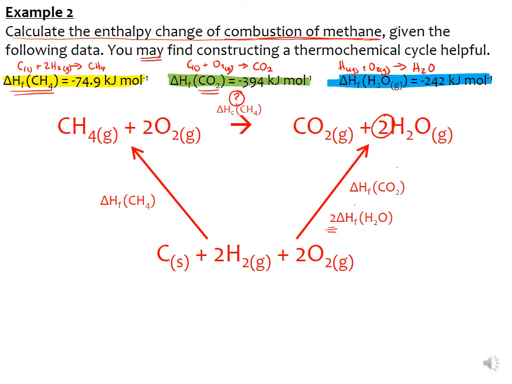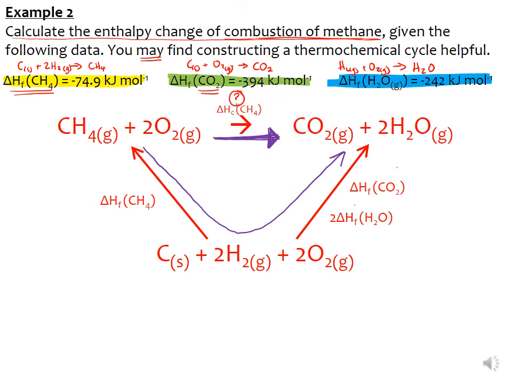Okay, so 2 moles of H2O being formed, so we need to take into account the 2 lots of delta HF, because the definition tells us it's 1 mole only. Now that is our thermochemical cycle, fully labelled, completely balanced, right numbers of oxygen everywhere. And what we're going to do is we're going to look at the reaction we actually want to find out. We want to calculate delta HC, which is for the purple arrow that I've just put in. And we are going to go the opposite way around the cycle. We're going to go the long route.